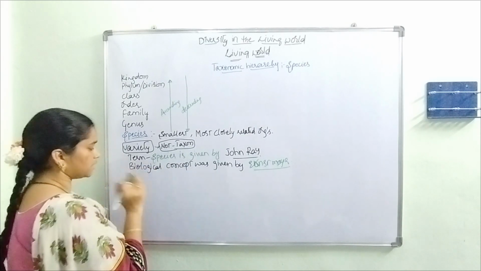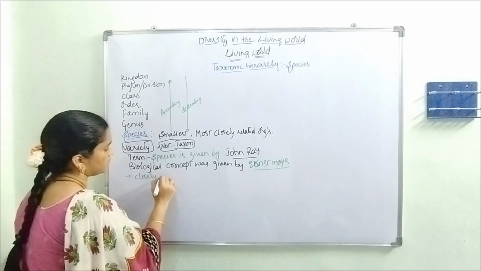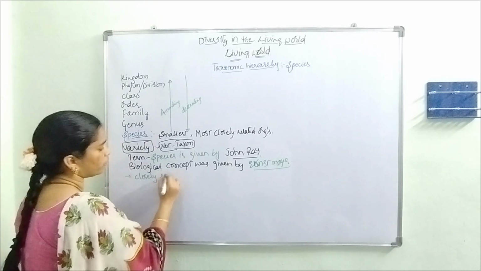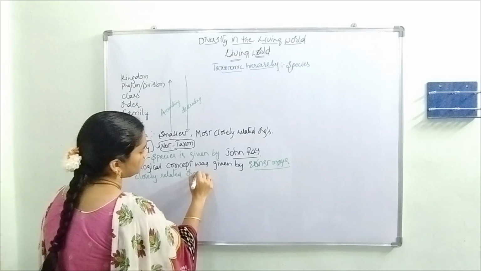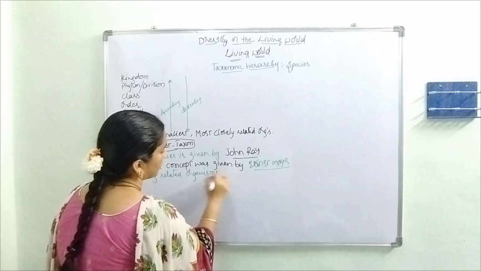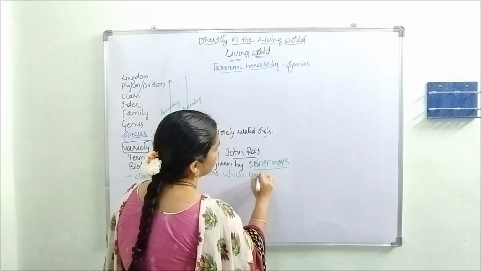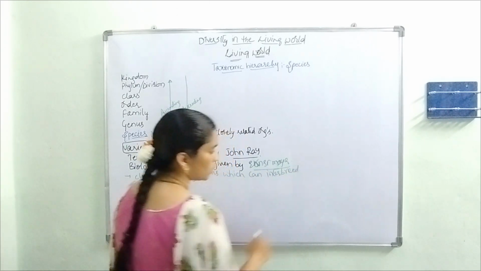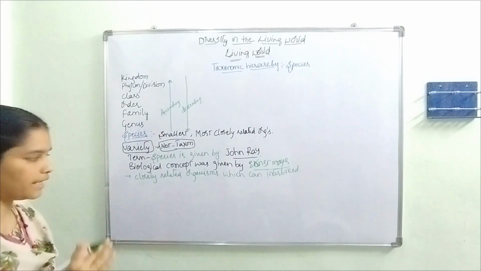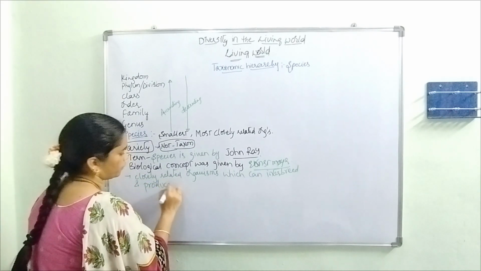A species consists of a group of closely related organisms which can interbreed and produce fertile offsprings.